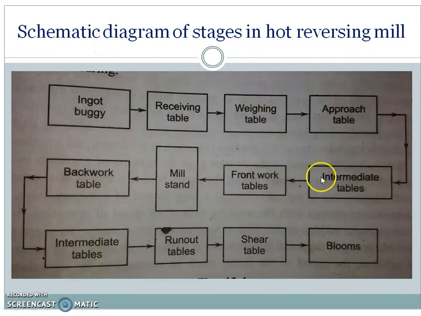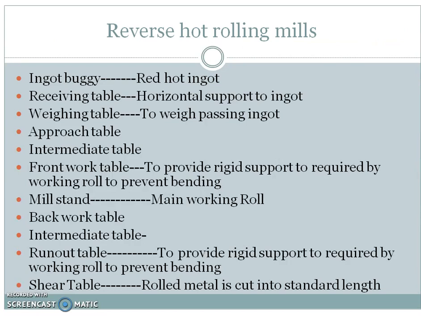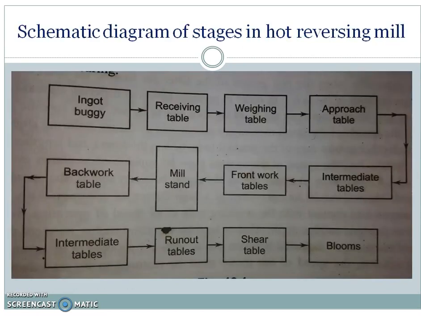In between, it goes through some tables: receiving table, weighing table, approach table, intermediate table, front work and mill stand. This mill stand is the main part. Then backward table, intermediate, run out, shear and blooms. We'll explain the working of each table, and I will explain this working principle in the next video.